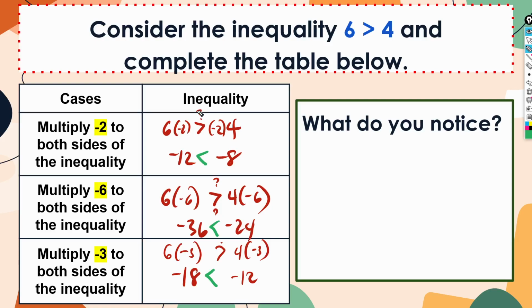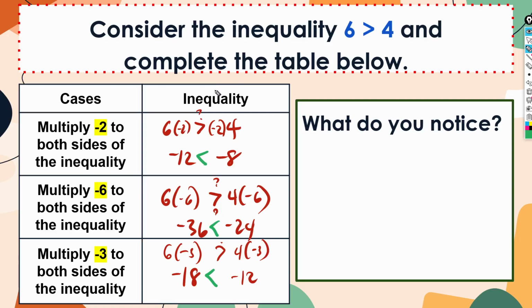Yan yung pagkakaiba ng MPI sa MPE. Si MPI, you don't just multiply any number sort of without consequence to your inequality. For positive numbers, we saw from the previous slide na okay lang. If you multiply both sides of your inequality by a positive number, remember this, by a positive number, no problem.